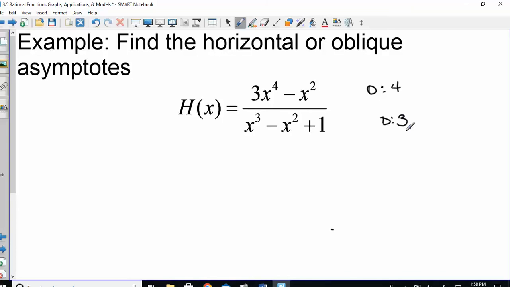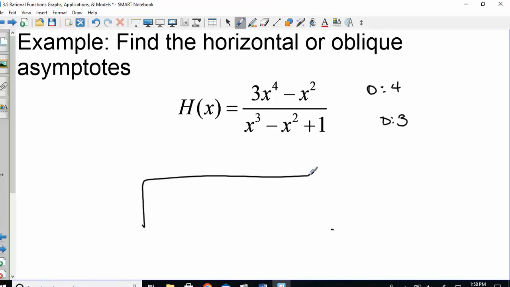So when the top degree is 1 bigger, what does that tell me? It's an oblique. Obliques are a little more difficult to find. So the explanation I gave you for the horizontal ones involved long division, right? We divided and I basically just looked at the quotient. I ignored the remainder. That's what we're going to do here.